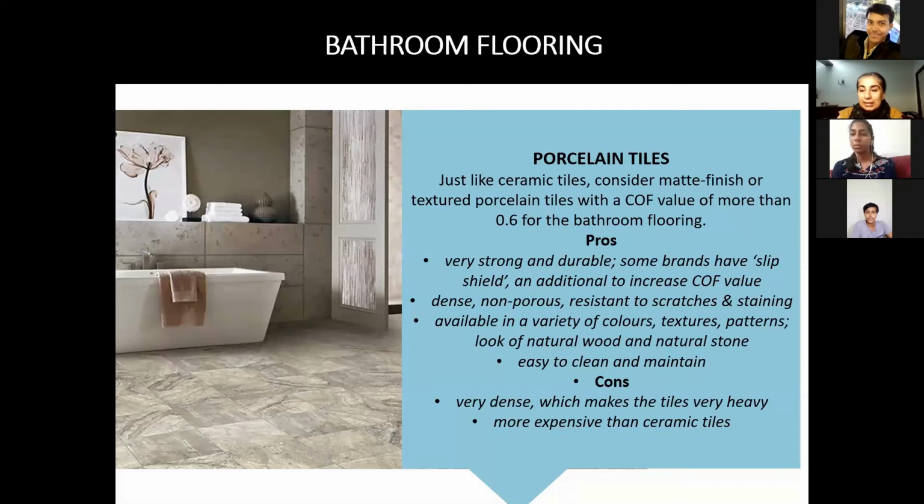They're dense, non-porous, resistant to scratches and staining. And again, they're available in a variety of colors, textures, patterns, and even the look of natural wood and natural stone. And of course, they're easy to clean and maintain. The cons are that they're very dense, which makes the tiles heavier, and they're more expensive than the ceramic tiles.